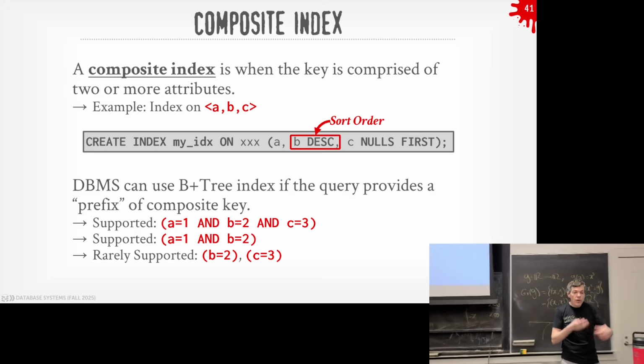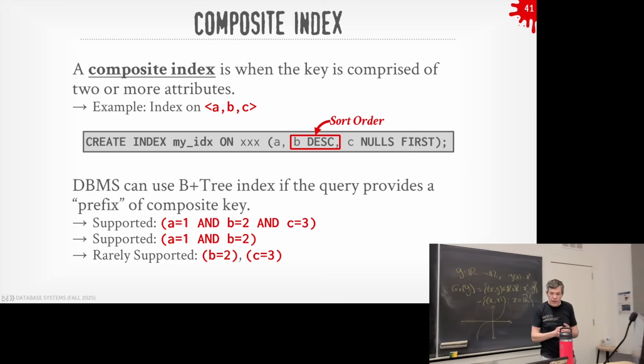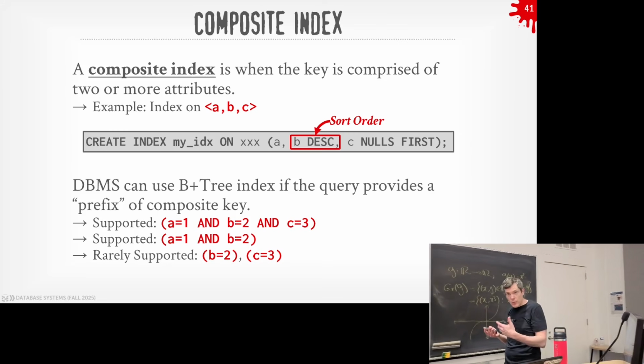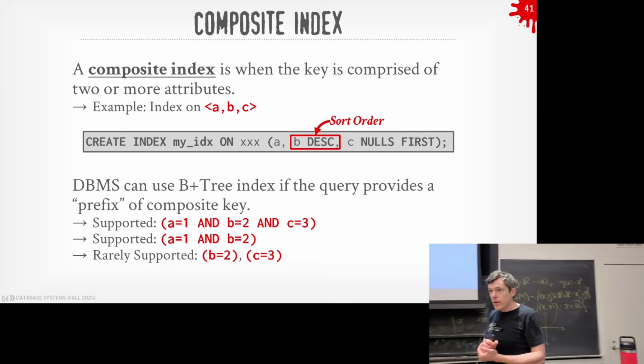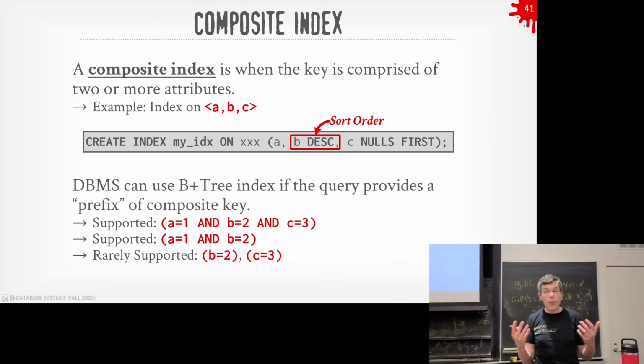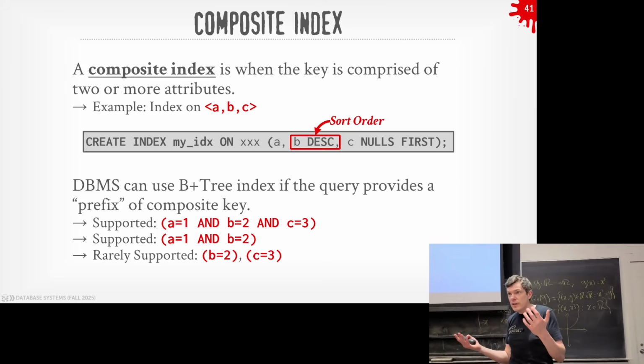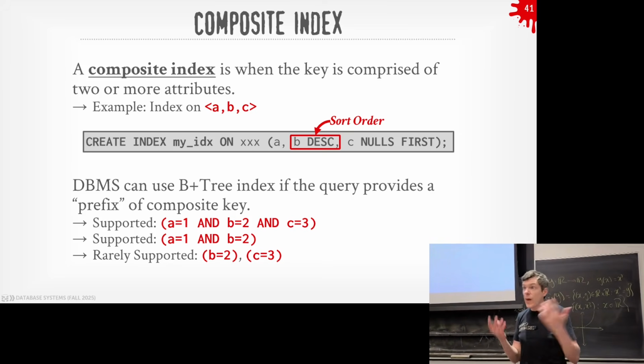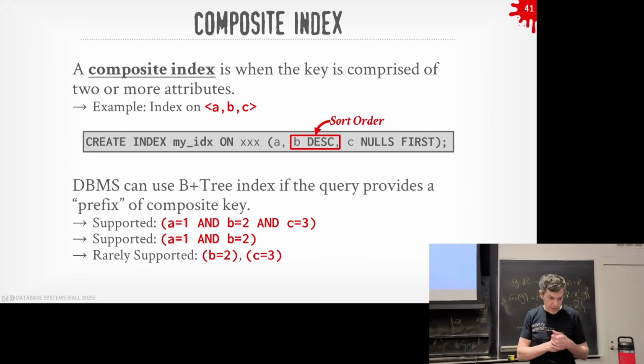And then now in a B+ tree, because I'm not hashing, where I'm sort of randomizing the keys, I can do a bunch of different lookups on either the entire key or a subset of the keys, and everything just works.